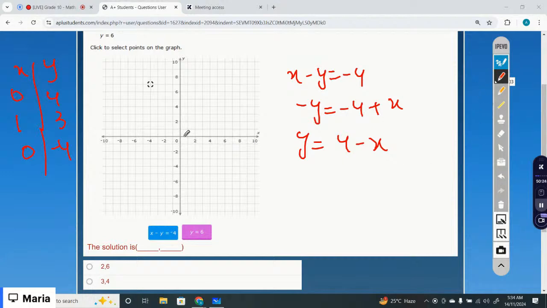X is 0, y is 4. X is 1, y is 3. Oh, I made a mistake here.